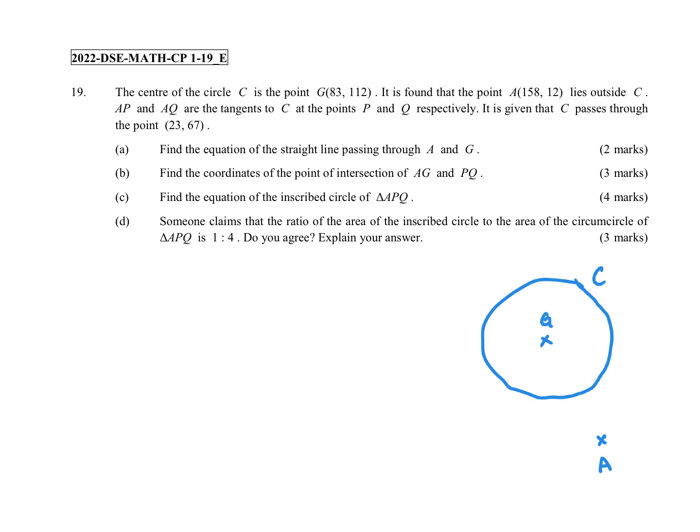So find the equation of the straight line passing through A and G. Now we have the point A, we have the point G, so easy.